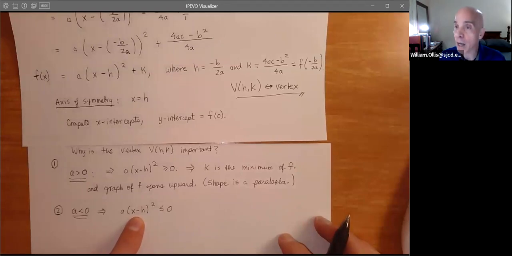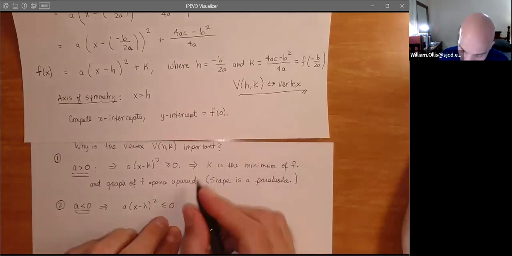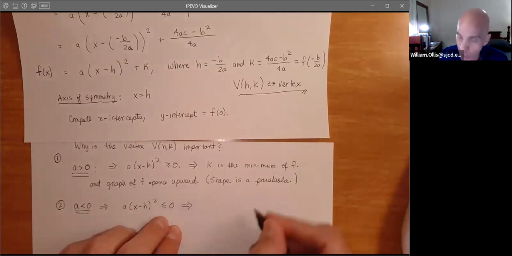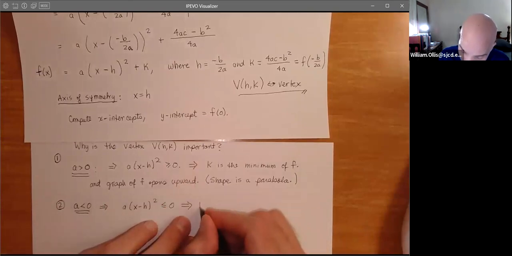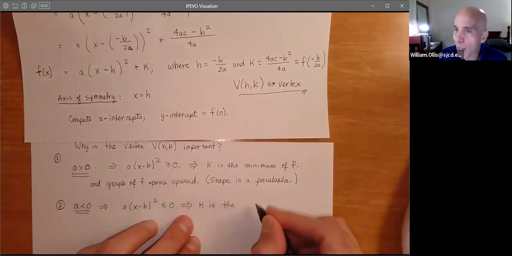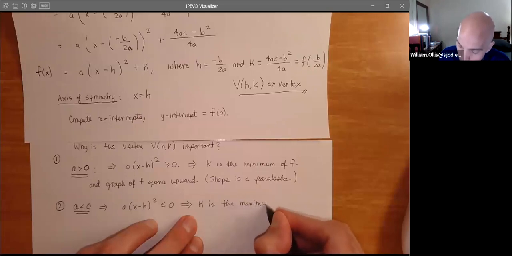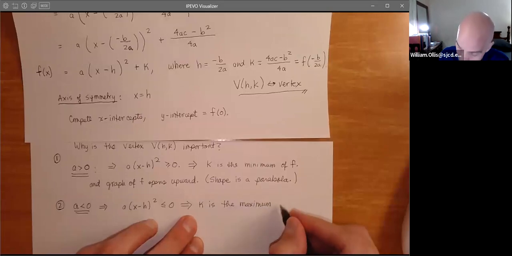But any other x you substitute, this will be positive, but then the a will make it less than 0. So the values of the function will start to drop. So again, this implies, just like in the first case, k is the maximum of f. So we get calculus without calculus. And we see that the completed square form gives us the calculus.